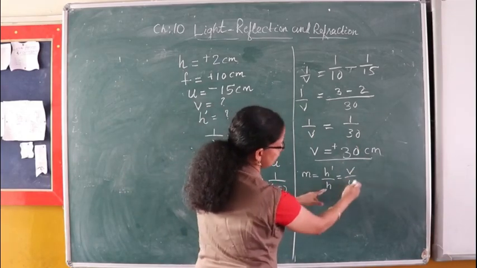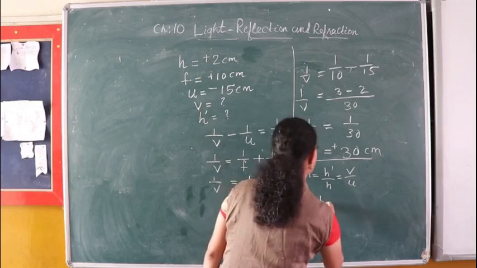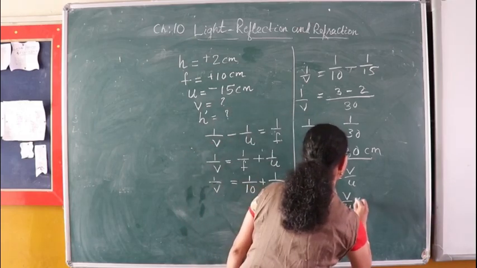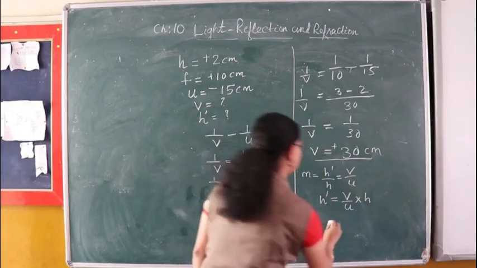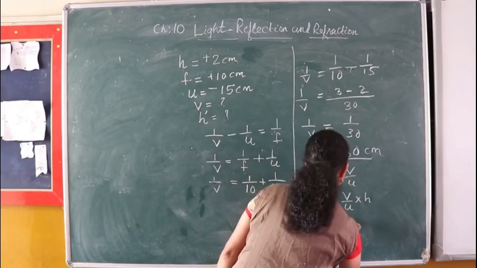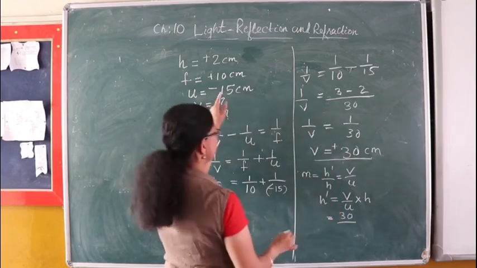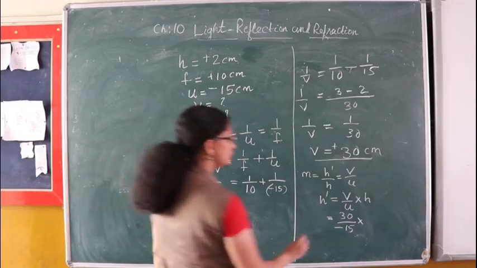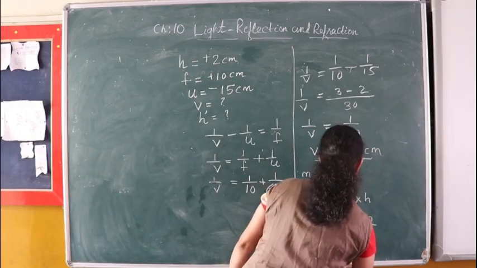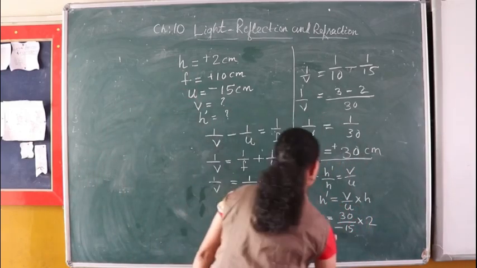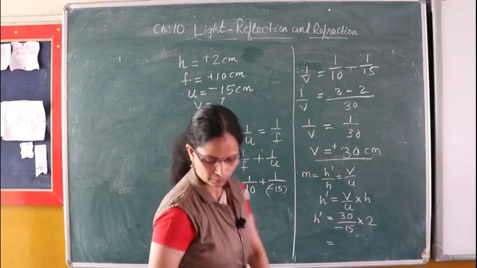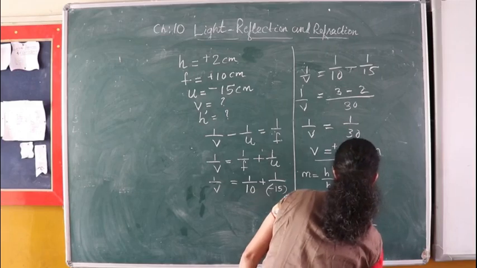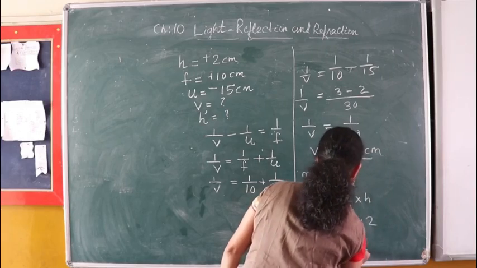Now, we have all the other values, so we can find the height of the image as v by u into height, that is equal to v, which we have got here as 30, and u is given as minus 15, into height of the object, which is 2. In this way the height of the image we can get as 4 centimeter. So that is minus 4 centimeter.